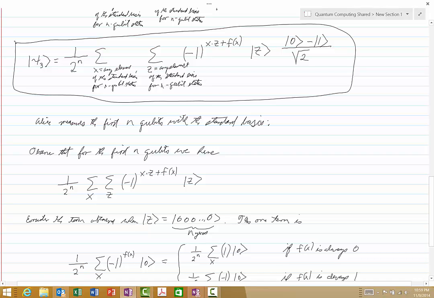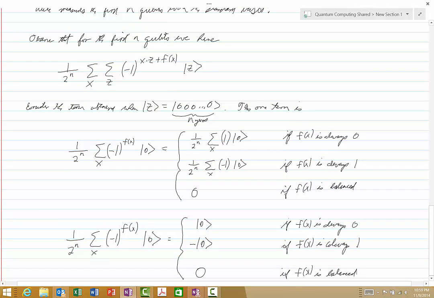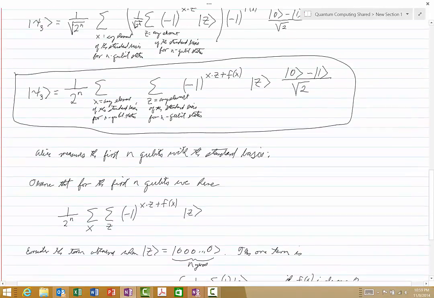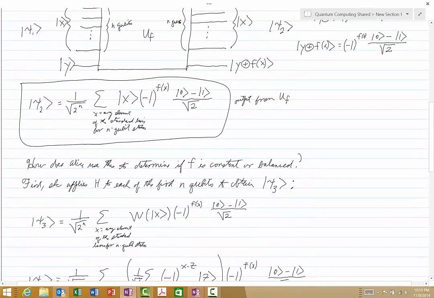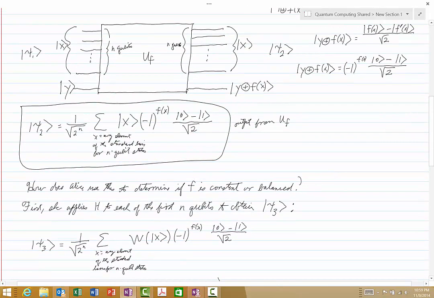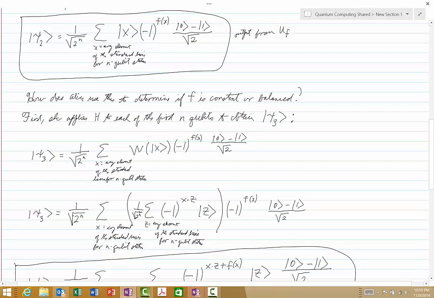So at first, when you look at it that way, it looks like we maybe have not made much progress here. But if you think about it, we've made a great deal of progress for the following reason. We're looking at here the first n qubits of C3.